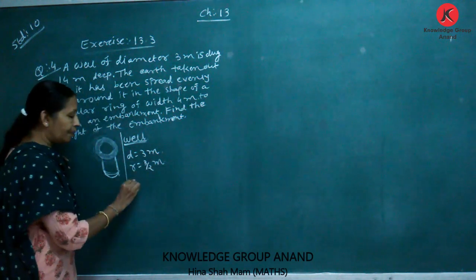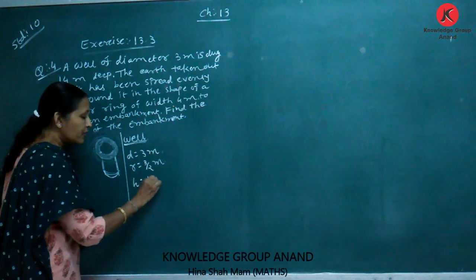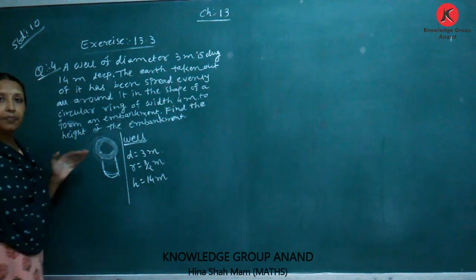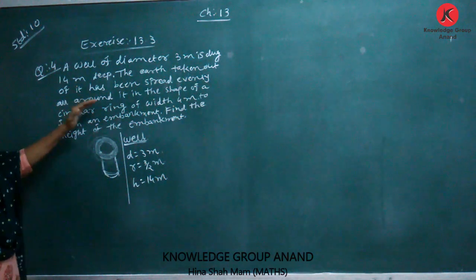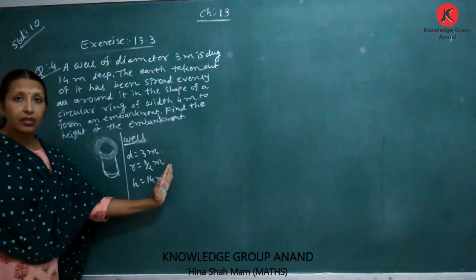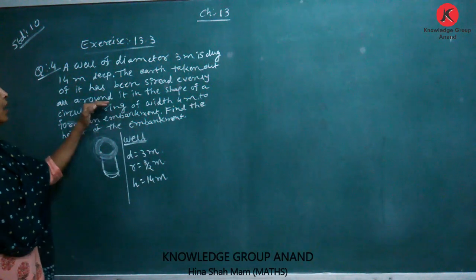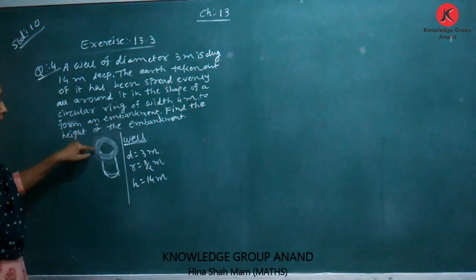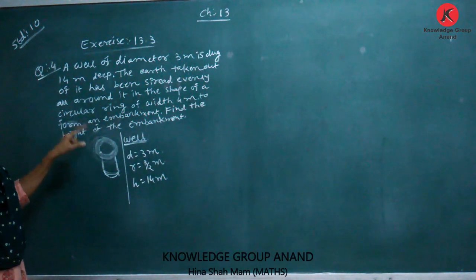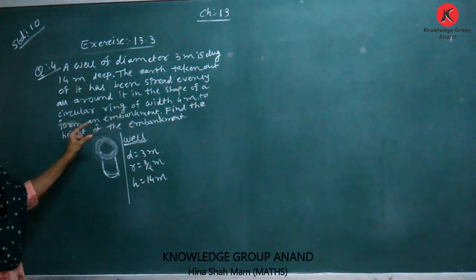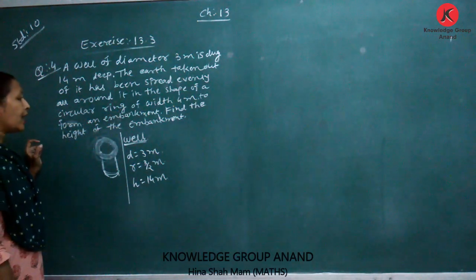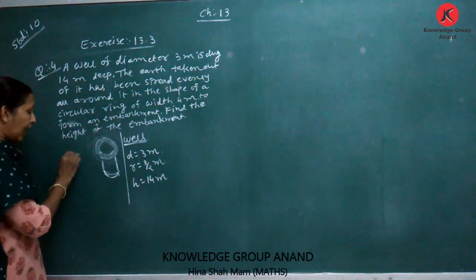Dug 14 meter deep, so height, that is depth, is equal to 14 meter. The earth taken out is spread all around this in a circular ring of width 4 meter to form an embankment. Find the height of the embankment.